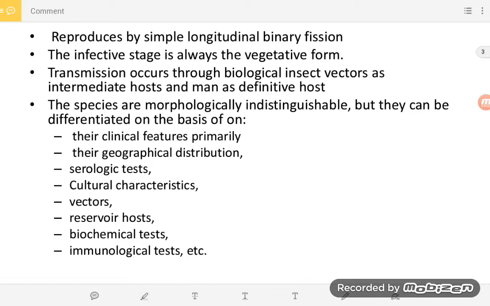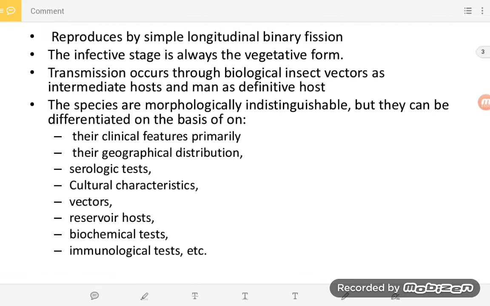The second one is their geographical distribution, because the area may vary. For example, Trypanosoma brucei is present in Africa, and American Trypanosomiasis we can see in America.